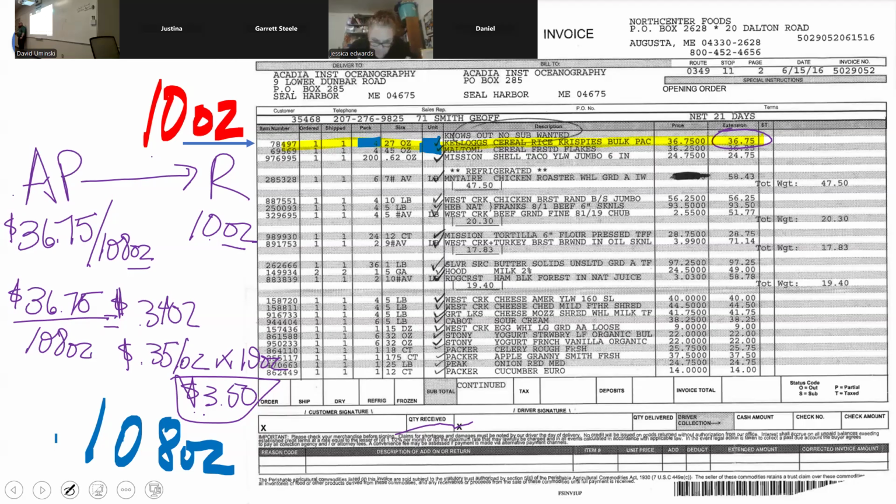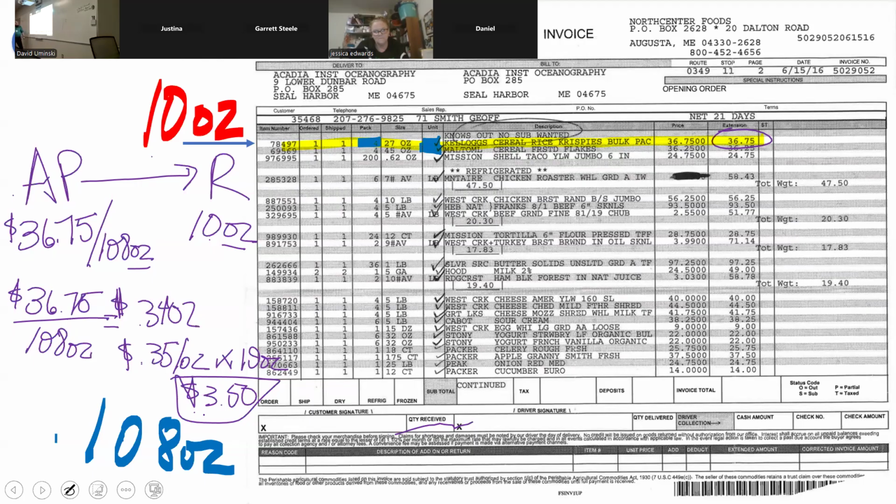Lydia, you're thinking? I'm more wondering why would you go ahead and round it when you got the 0.3402? Why wouldn't you just multiply it by 10 and then you would get $3.41 for your final charge?